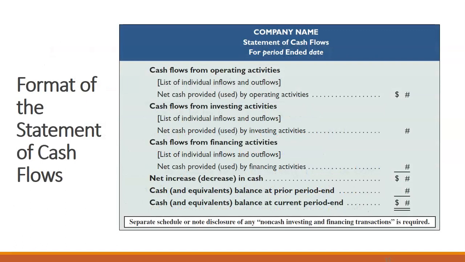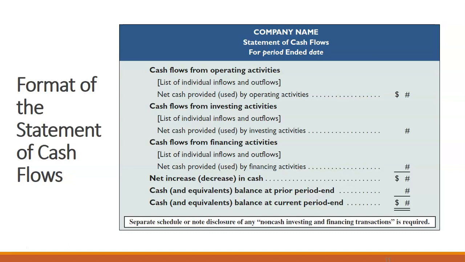When we create the statement of cash flows, we start with the operating activities section. So we list the inflows and outflows of cash for our operating activities. Then we have our net cash provided or used by operating activities. Then is our investing activities section, followed by our financing activities section.